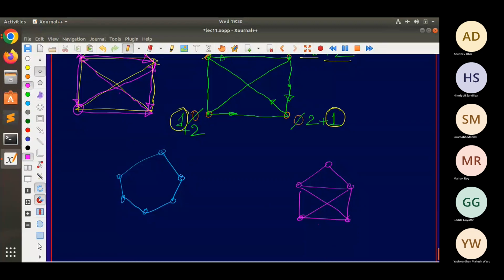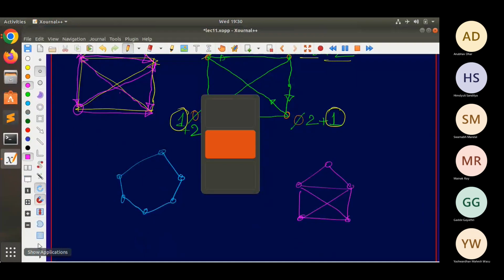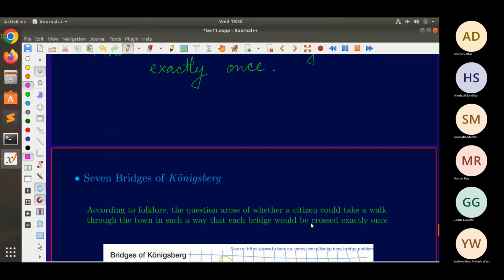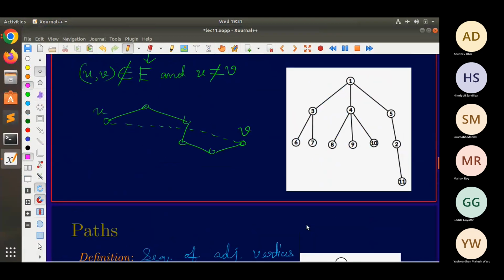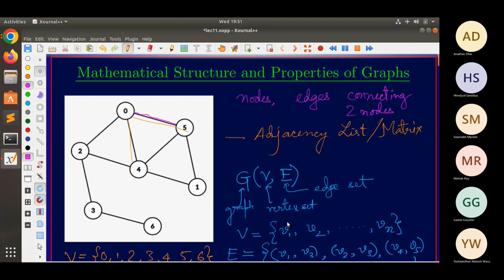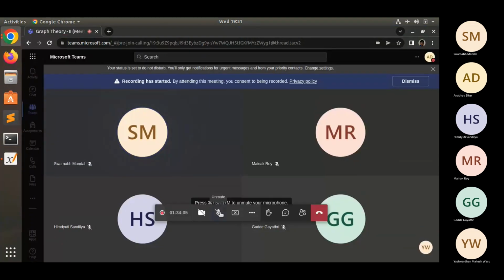Okay, so I guess we are at the end of today's discussion. So, is there any question? Actually, you're muted. Oh, okay. I wanted to stop.